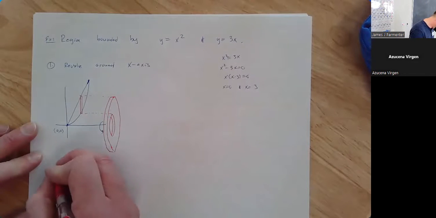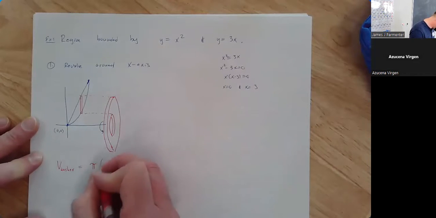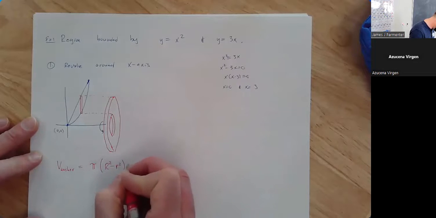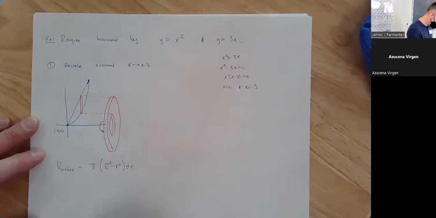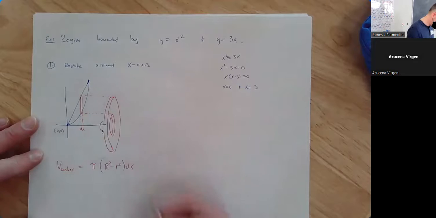The volume of this washer is pi times the big radius squared minus the little radius squared times the thickness. That thickness is just a small change in x.